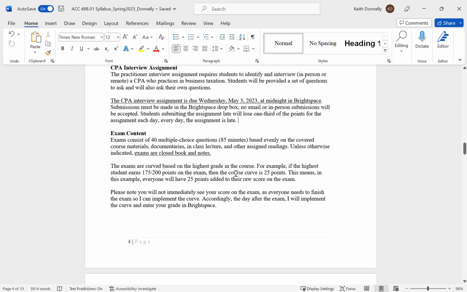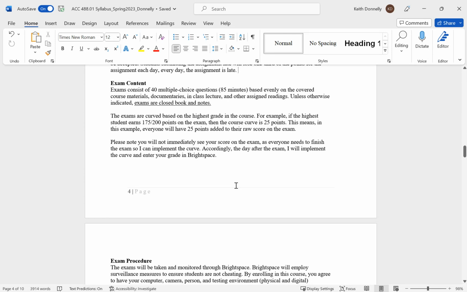All right, so the exams. Those are going to be in Brightspace. Please be aware that the exams will be monitored through Brightspace. By enrolling in this class, you agree that your computer will be monitored. Please don't try to cheat. It will send me a red flag if you try to pull open a website or do something fishy. Brightspace is pretty smart, so please don't try to cheat in any way.